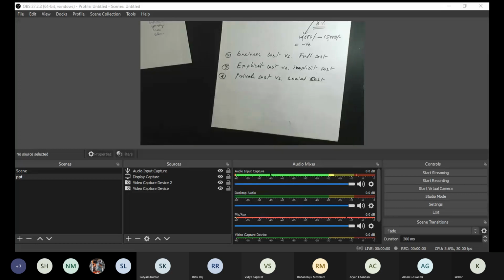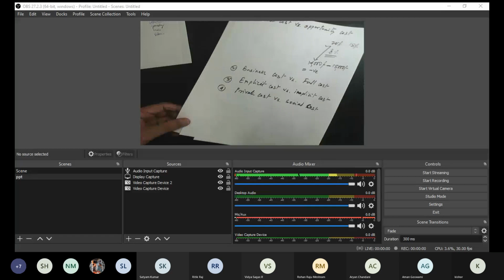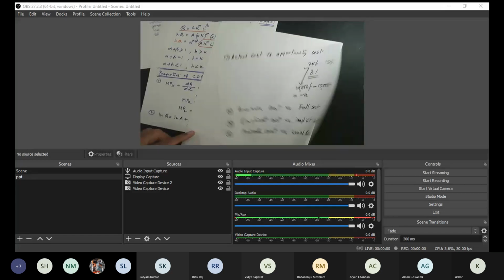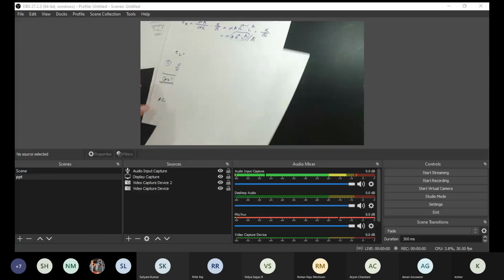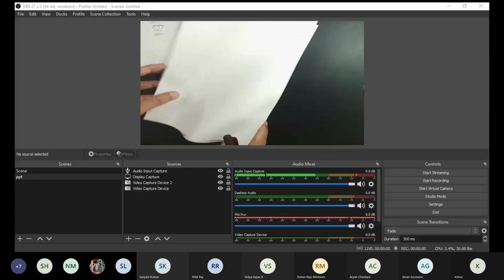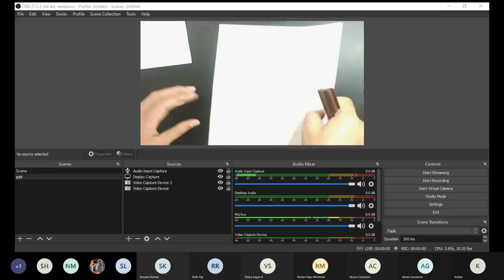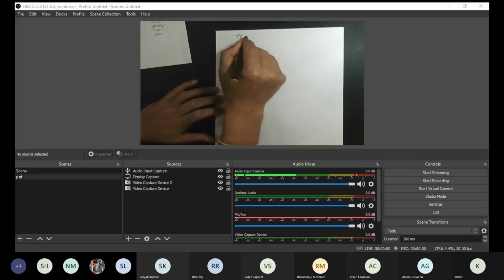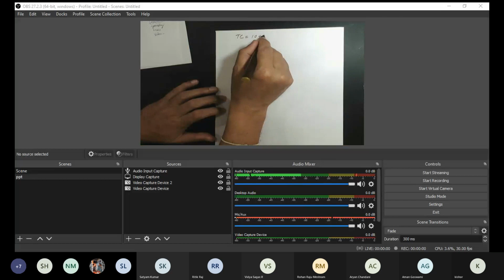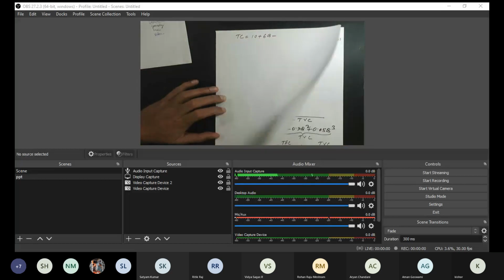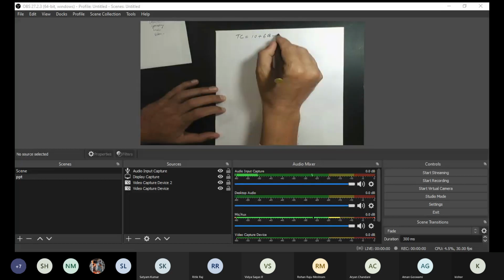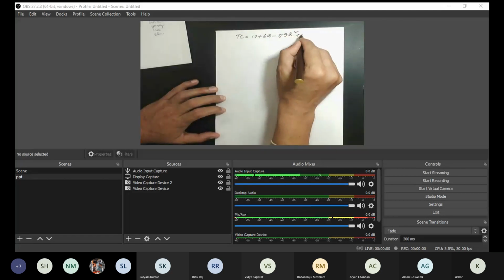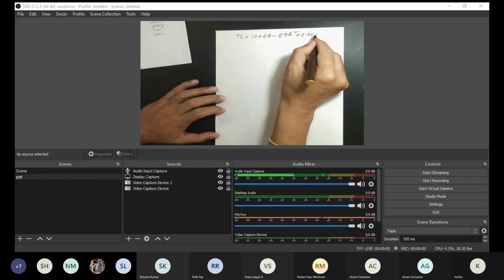Now let's come back to our equation again, what I mentioned here. Total cost, I just wrote it: 10 plus 6q minus 0.9q square plus 0.05q to the power 3.